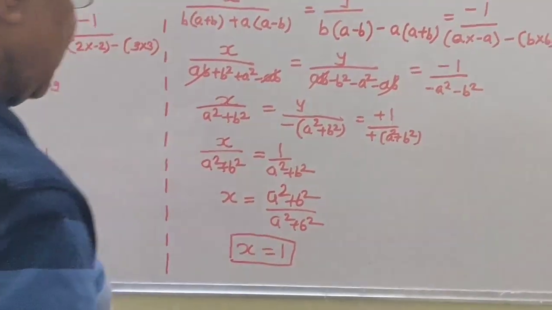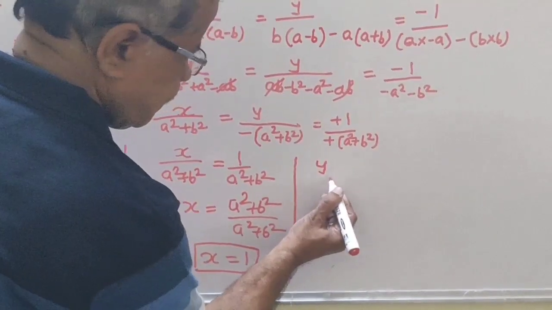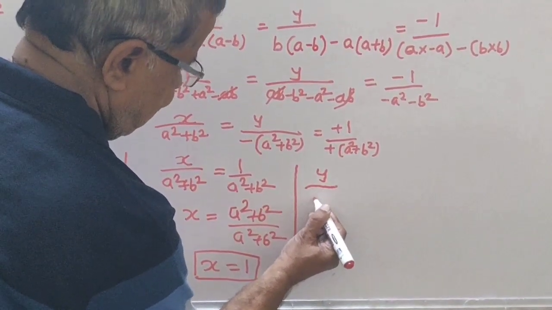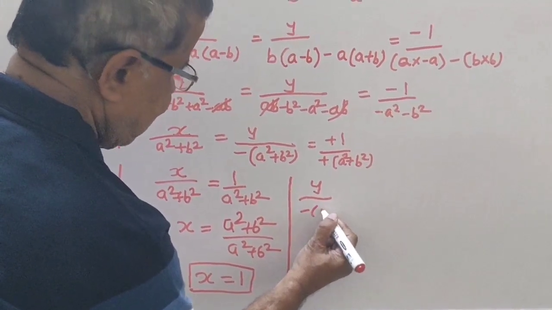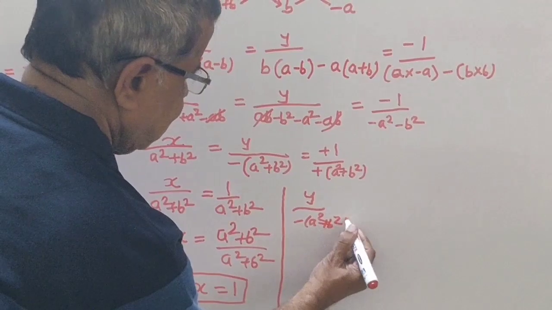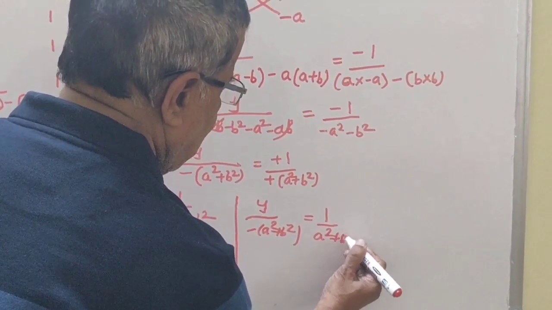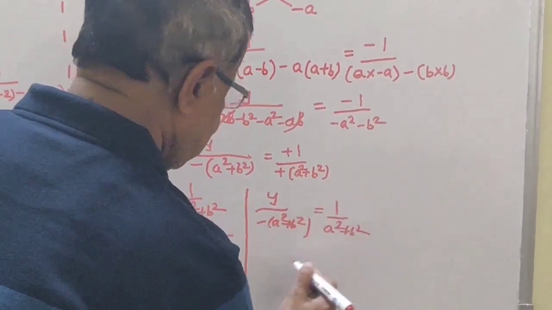Now what I will do? I will equate y. Minus a square plus b square is equal to plus b square. Now I will transfer this whole term.